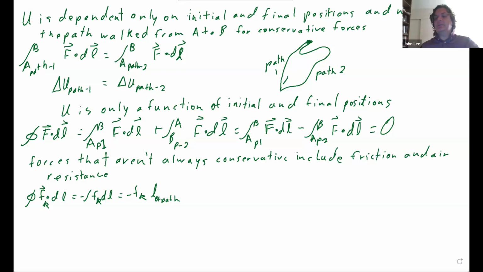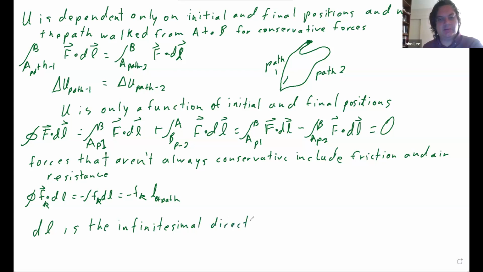Oh, dL is just the infinitesimal direction and length of the path. So it's just where the path is going. So as you integrate dL, it's just going to take you along whatever path you're looking at.